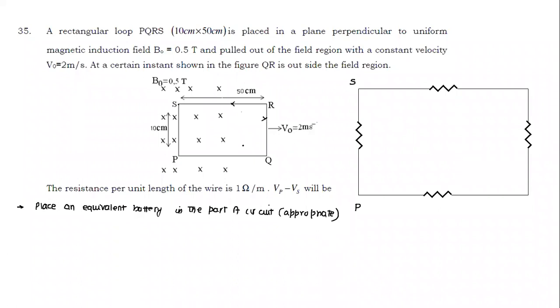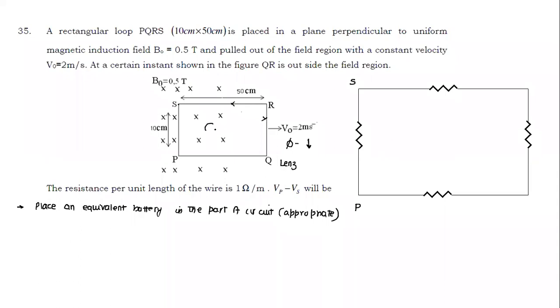Flux will decrease, because the area is decreasing. As per Lenz's law, as flux is decreasing, the current will be such that it induces a field in the clockwise direction. So this current will be in the clockwise sense.